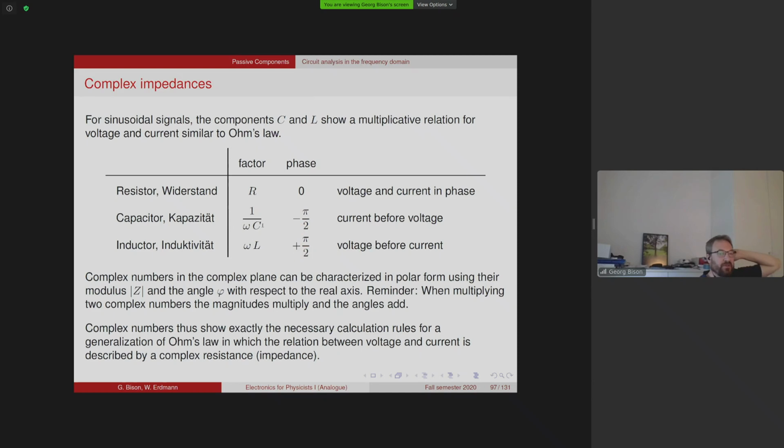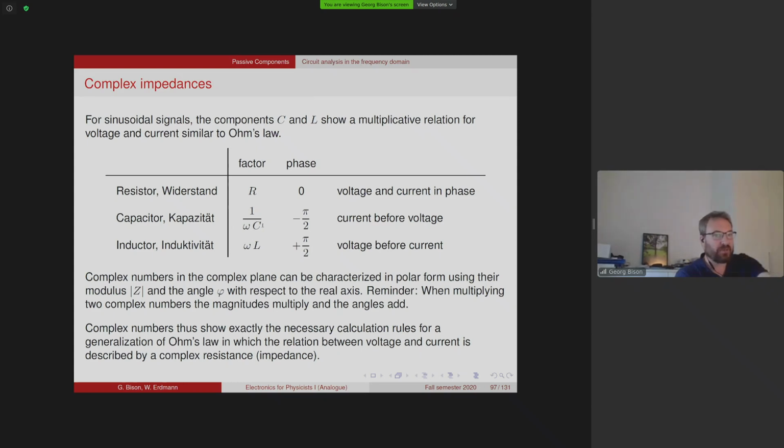Now, the definition of the sign here is a bit difficult, depending on how you write it. And so what I like to memorize is that for a capacitor, the current needs to be before the voltage, which is clear since in order to get voltage into a capacitor, in order to charge a capacitor, first a current has to flow.